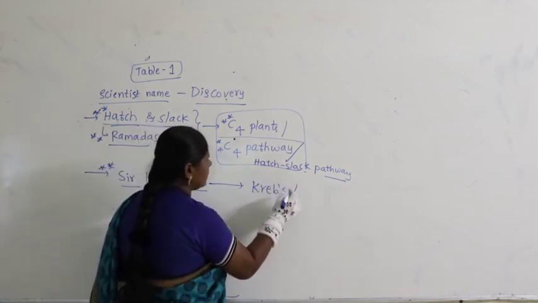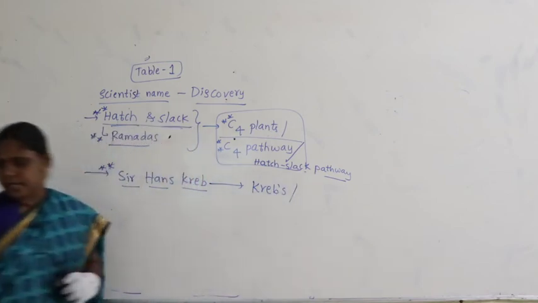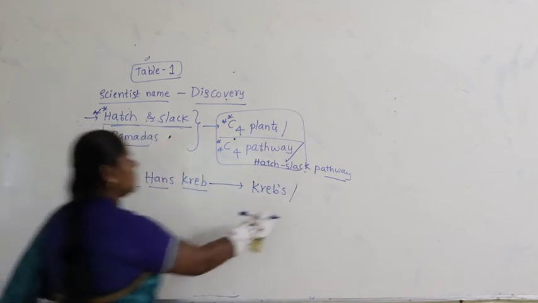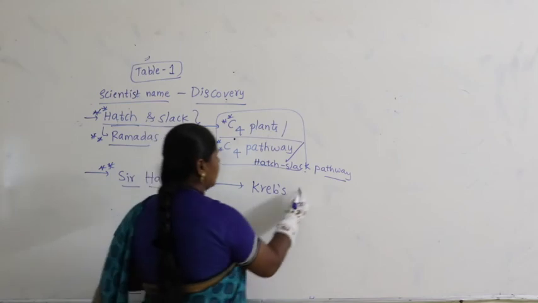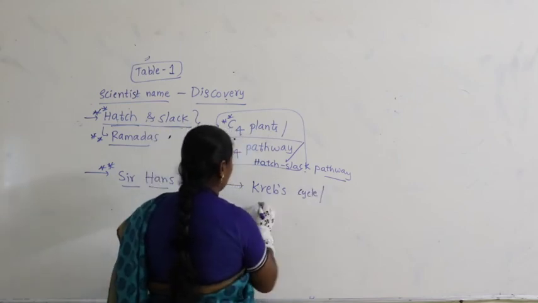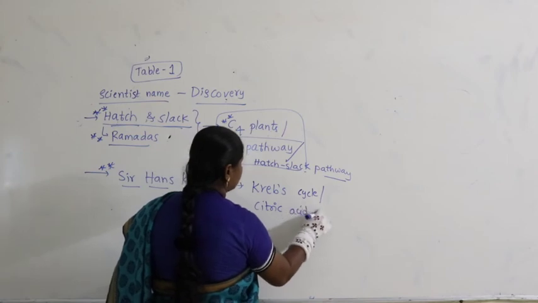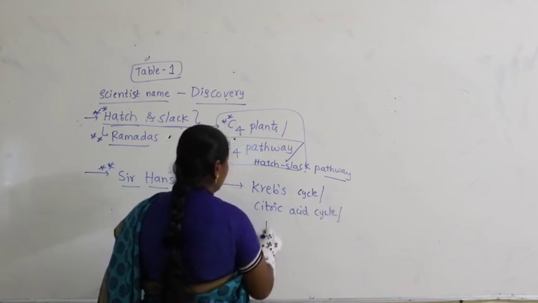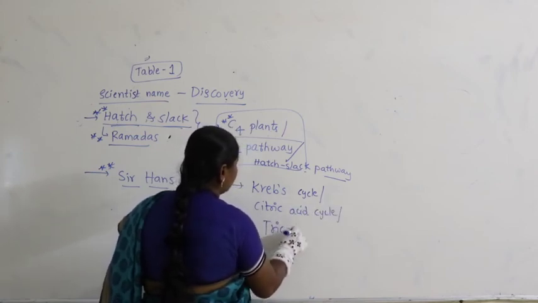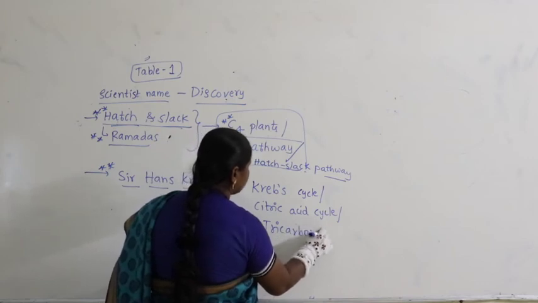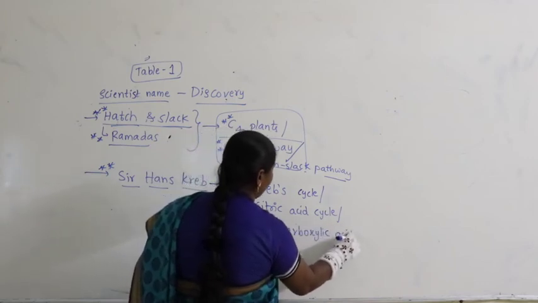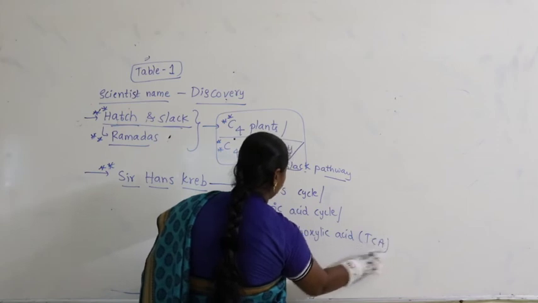Krebs cycle, better to write completely here, is also referred to as the citric acid cycle. It has so many terminologies to remember. It is also called the tricarboxylic acid cycle. So, we call this TCA.